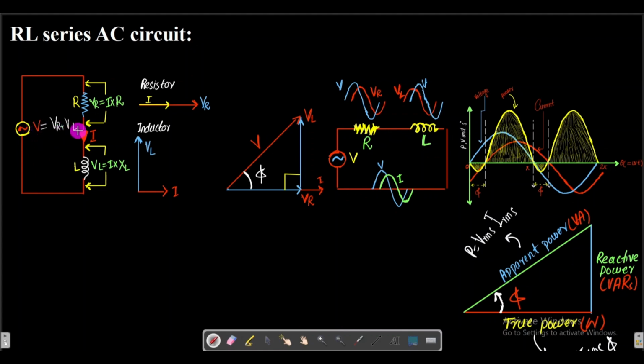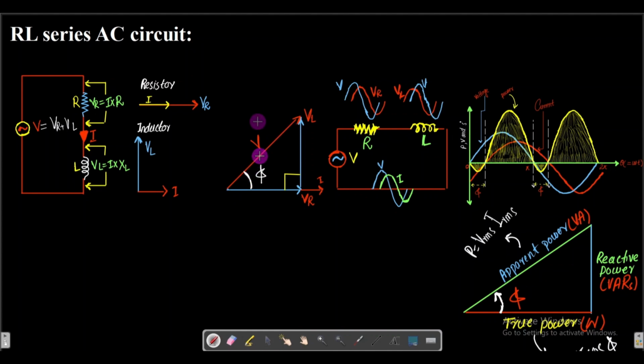It is the addition of this V of L and V of R, the phasors, and which is given by this V. This makes a right angle triangle. Here this is the 90 degree angle, so we can apply the Pythagoras theorem.